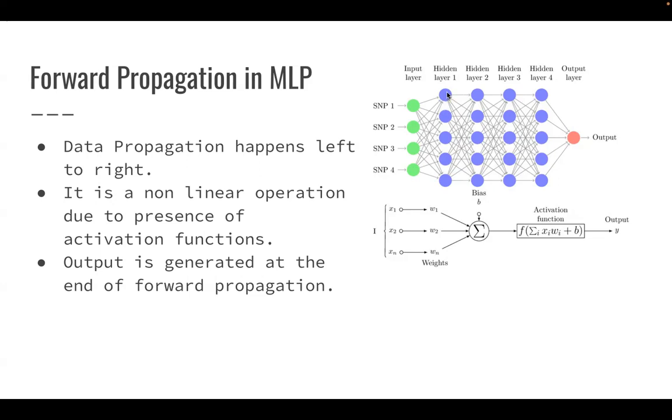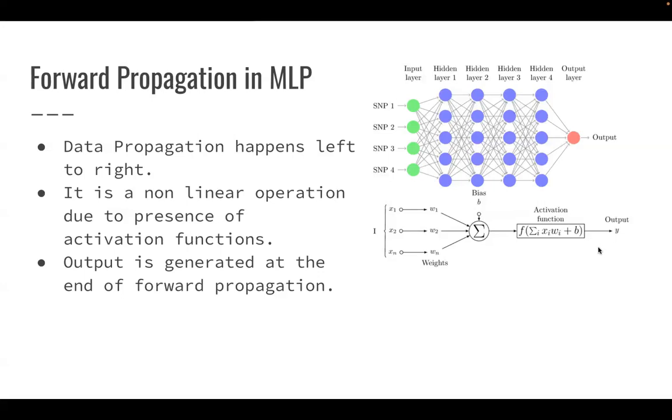Finding the weighted sum for this neuron and adding a bias term at the end will give us the input of this neuron, which is then forward propagated here, here, after multiplying with this weight, and so on. And similarly, you then get the output as well. Forward propagation is a non-linear operation due to the activation functions that are present. Like in this case, f is your activation function, which gives the output y.